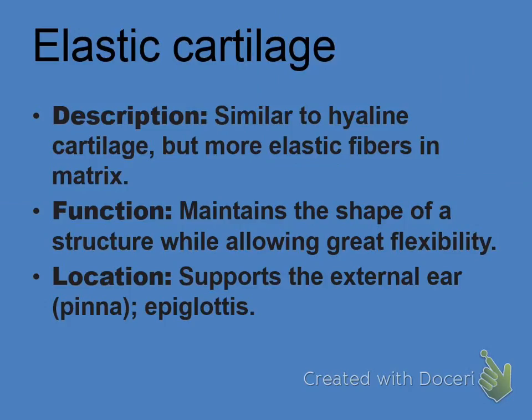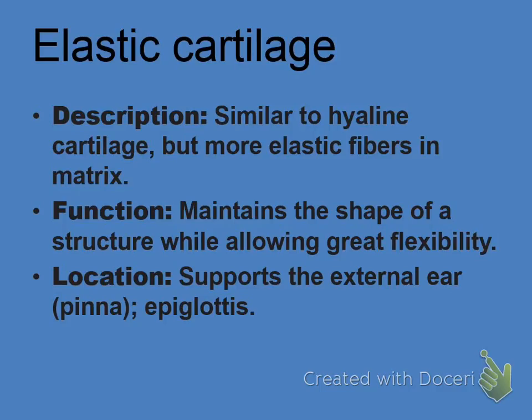Elastic cartilage is very similar to hyaline cartilage, but it's more elastic. This we find in the external ear. This is what you put your earrings in. The cartilage in your ear, right? It's very flexible. You can bend it, you can lay on it, wake up in the morning and it's all twisted around underneath your head, right? That's the cartilage in there.